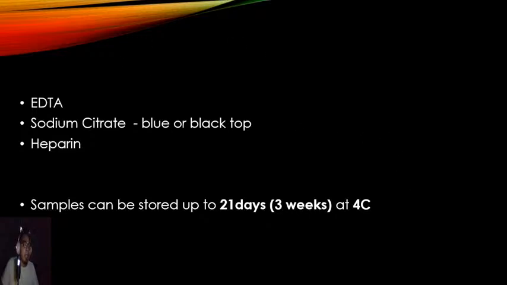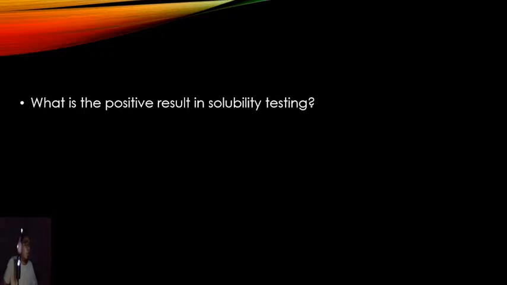They are stored in our laboratory refrigerators for a month, and then we discard them. 21 days is the standard number of days for this specific test, but for our hematology laboratory, it's 1 month. So please be reminded about the storage time and the temperature.